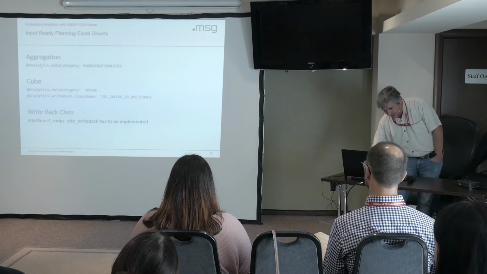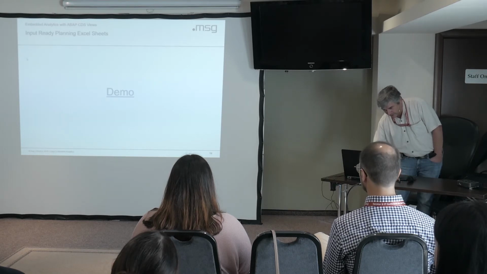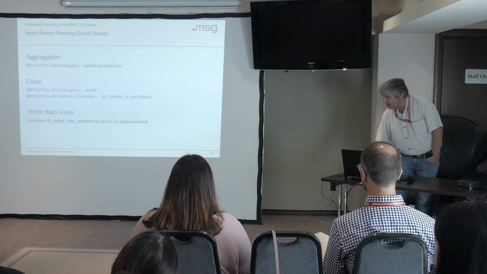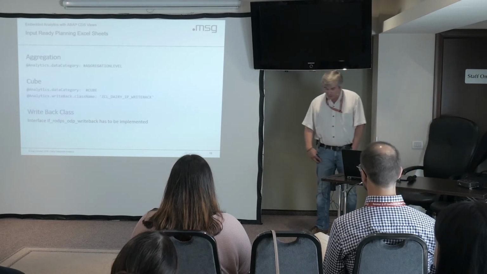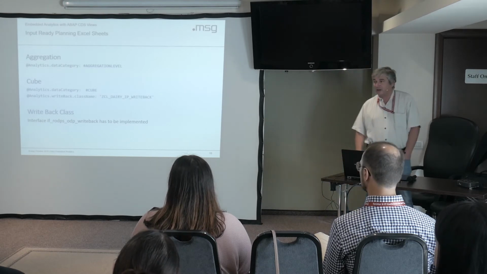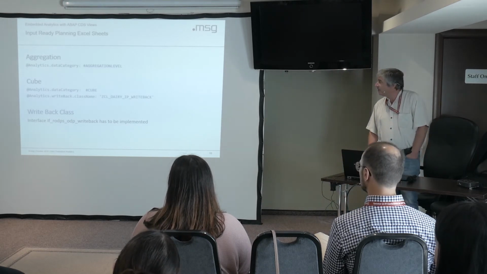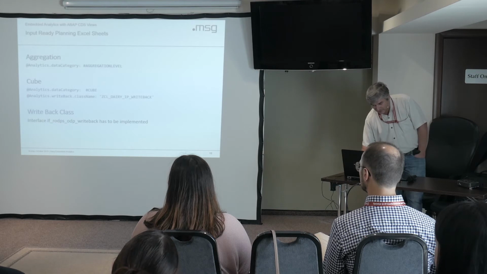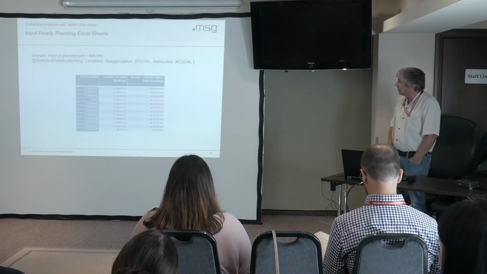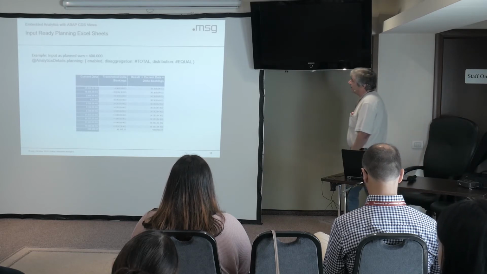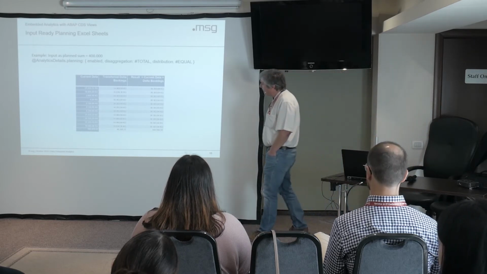So this is again the aggregation level, and the write back is happening in a class which you have to implement, good old ABAP code. And so there are some examples again here for the disaggregation.